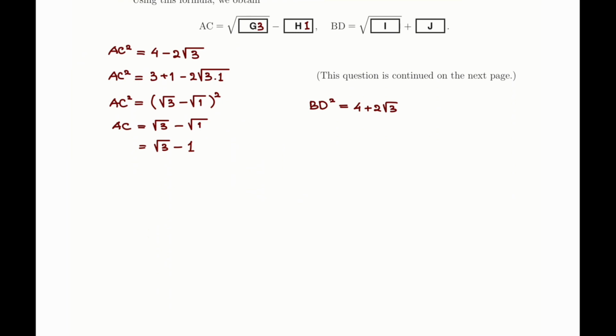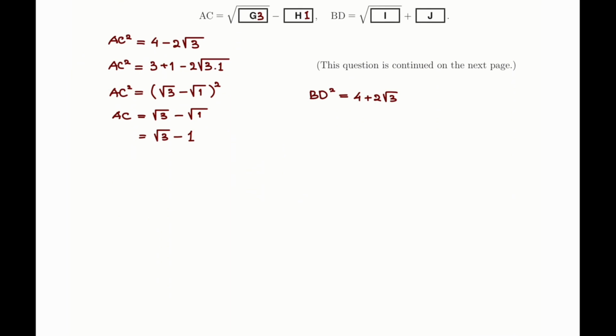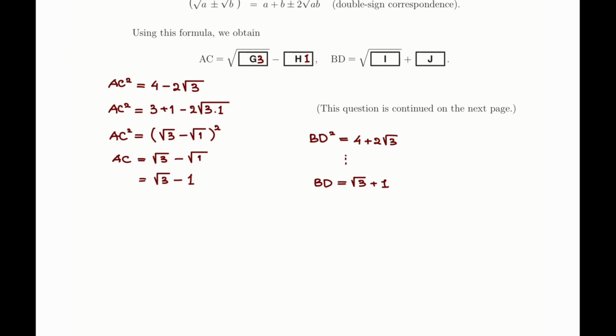The difference between AC squared and BD squared is only its sign. Then my BD is equal to square root of 3 plus 1. So I is also 3, J is 1.